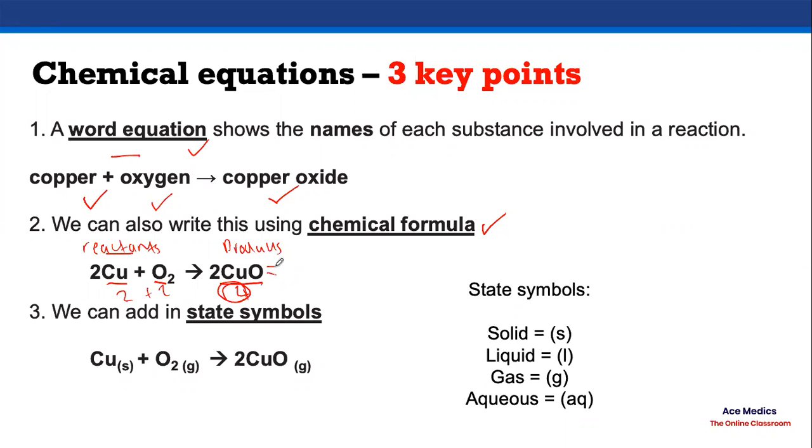A thing we have to make sure of is that this equation is balanced. We'll look at how to balance equations in later slides, which is a really important skill to pick up in chemistry. But we need to make sure that this is balanced for the law of conservation to make sense. So you can see here, there are 2 atoms of copper because we put a big 2 next to the copper.